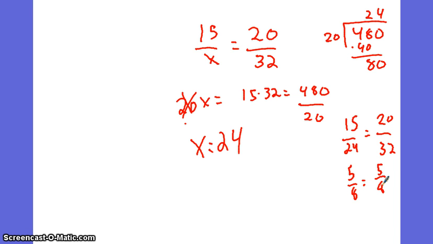Now, sometimes your proportions aren't going to be nice and neat like that. They might be a little bit unfriendly, for lack of a better word. And we'll do our cross products again. 4x equals 6 times 1.2, which is 7.2. That's our first step.